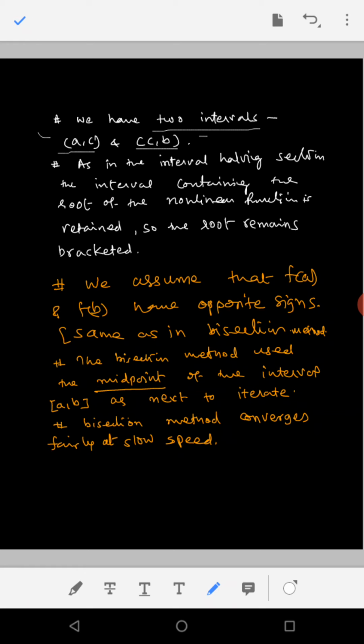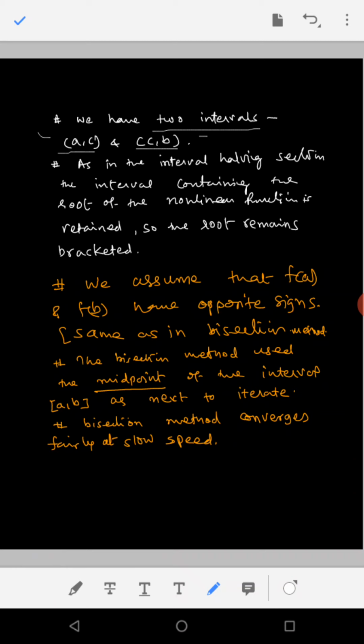In the interval halving section, the interval containing the root of the nonlinear function is retained, so the root remains bracketed in the bisection method, and a similar thing will also happen here. The root is bracketed.